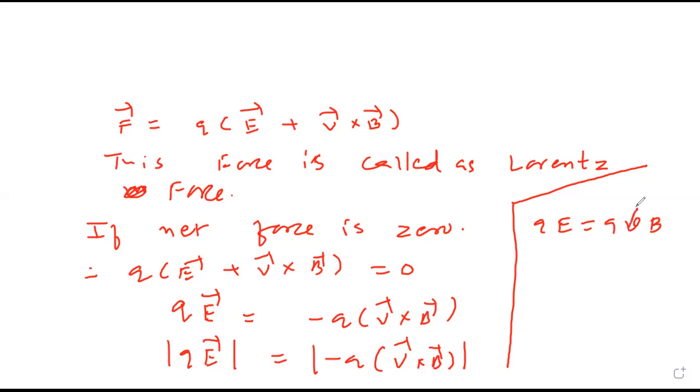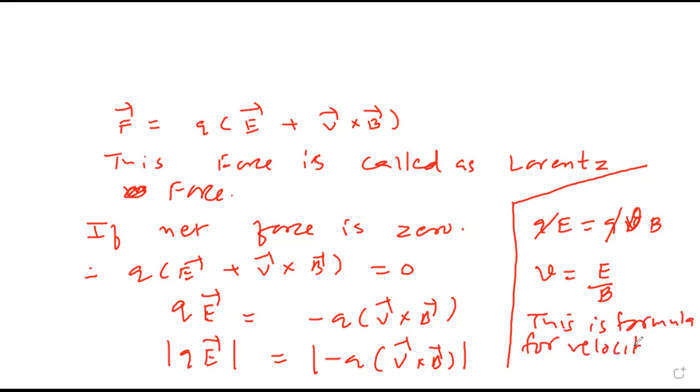So on both sides you can cancel q. So that means v equals E upon B. So when a charge is entering perpendicular to the field but remains undeviated, v equals E upon B. So this is the formula for velocity if a charged particle remains undeviated.